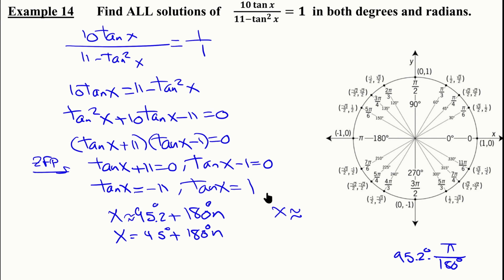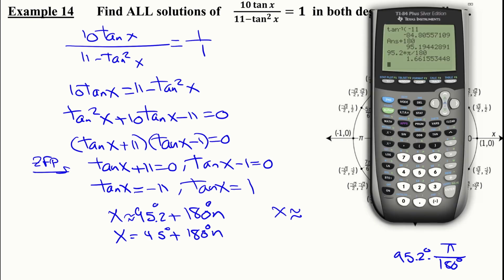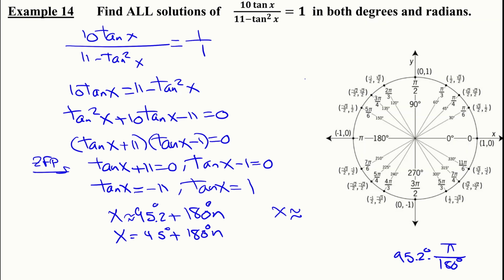All right, so we go to just one decimal, 1.7 plus, of course this time, pi n. And in all the cases, we know n has to be an integer.